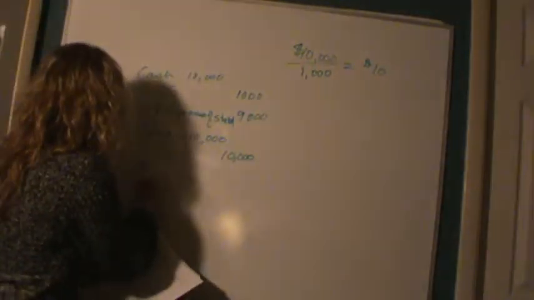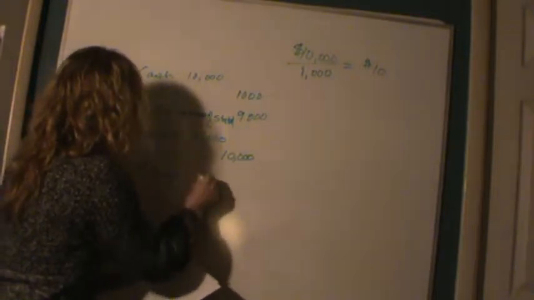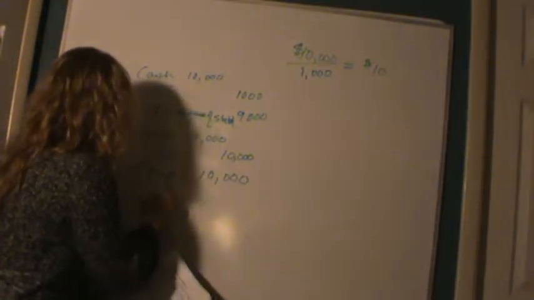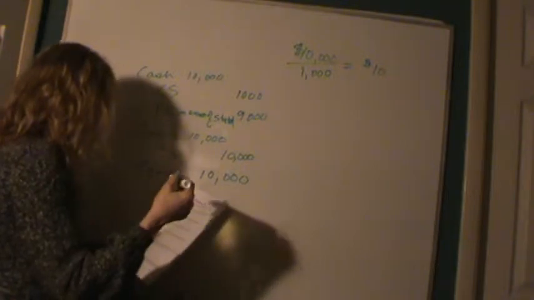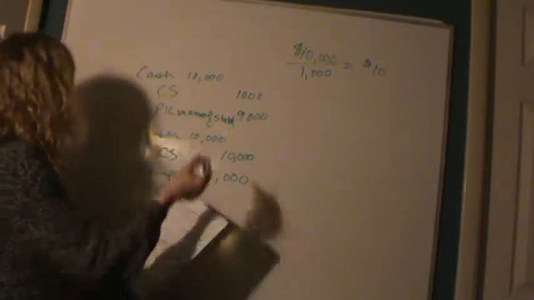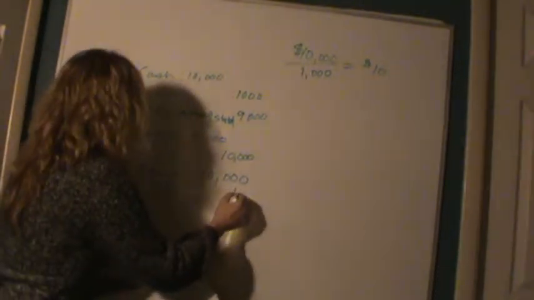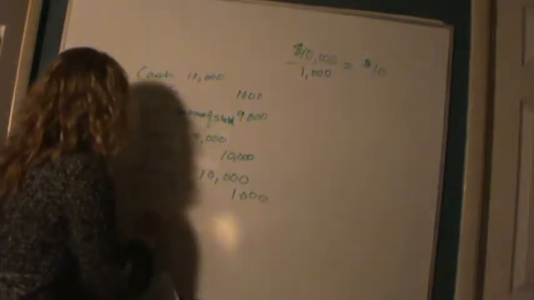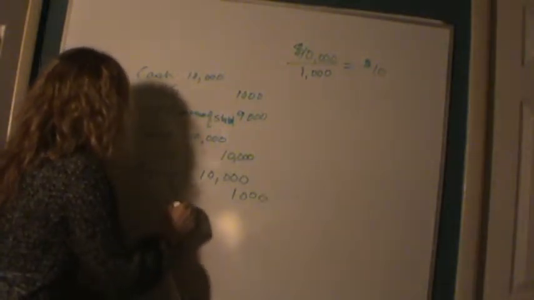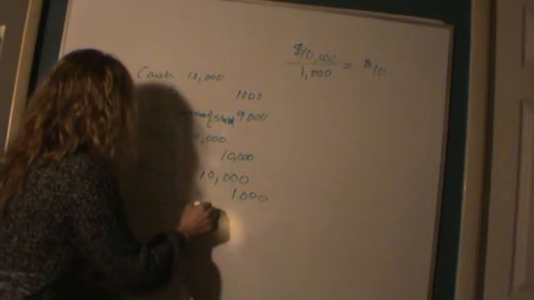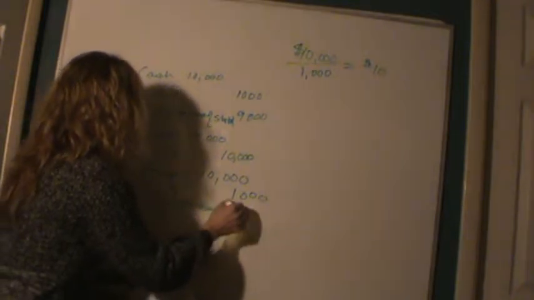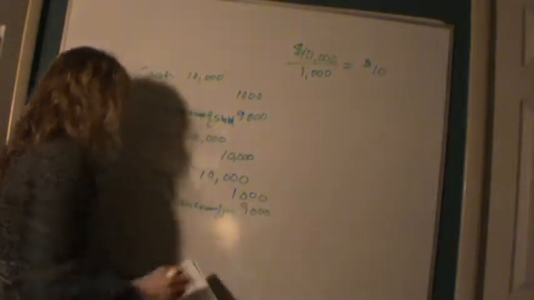So we're going to go ahead and debit equipment for 10,000, credit common stock for that $1 per share for the 1,000 shares, so that's $1,000, and credit paid in capital in excess of par value for the 9,000.